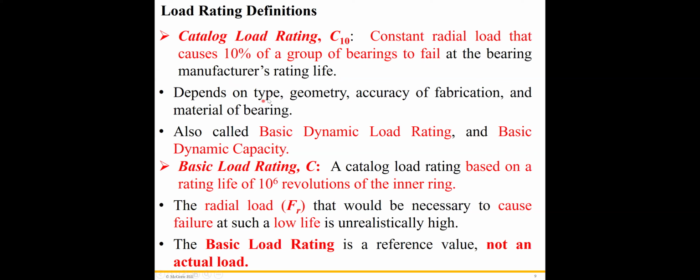It depends on type, geometry, accuracy, fabrication, and materials of the bearings. It's also called the basic dynamic load rating or basic dynamic capacity. And the basic load rating C is a catalog load rating based on the rating life of 10 to the 6 revolutions of the inner ring.